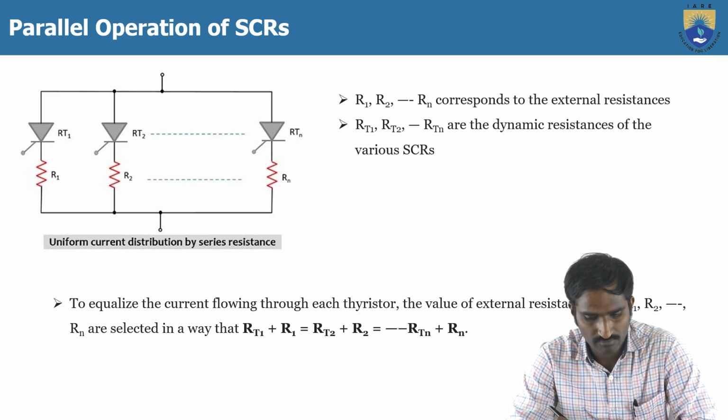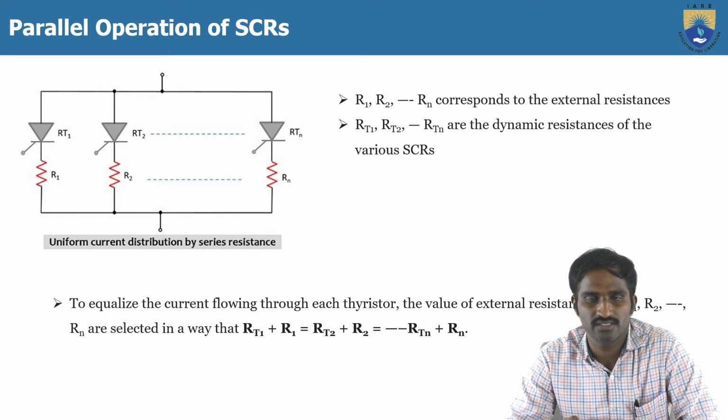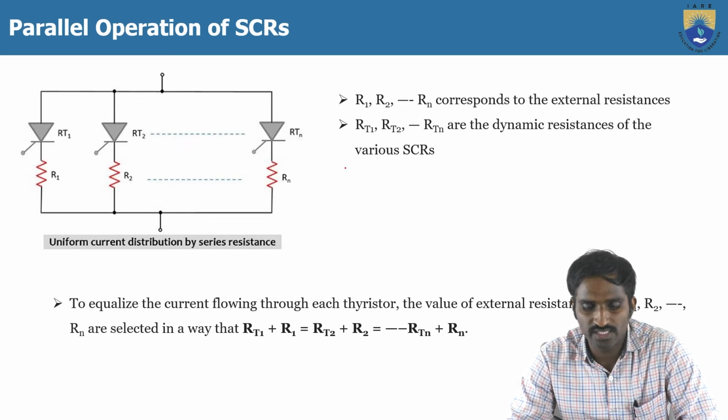Here we are connecting a resistor in series with each thyristor. There we connected the resistor in parallel to the thyristor, but here, to make the current distribution equal through each thyristor, we connect a resistor in series with each thyristor.